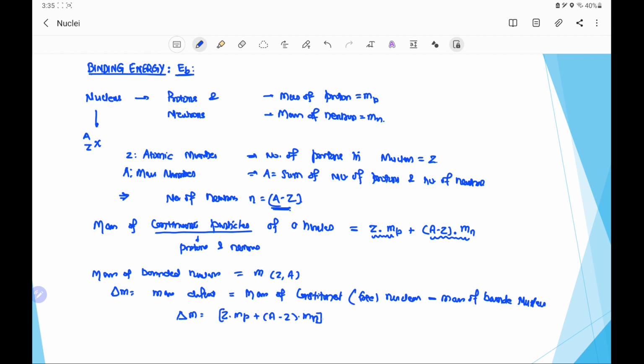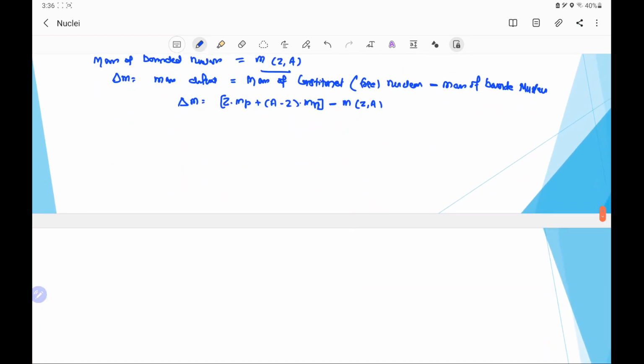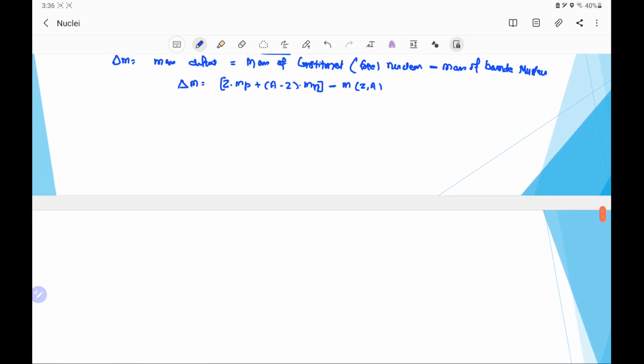This is the total mass of the nucleons when they are in free state, minus mass of the bounded nucleus, which we have represented by m, having the atomic number Z and mass number A. This mass defect is in the form of energy and is responsible for the binding of nucleus.